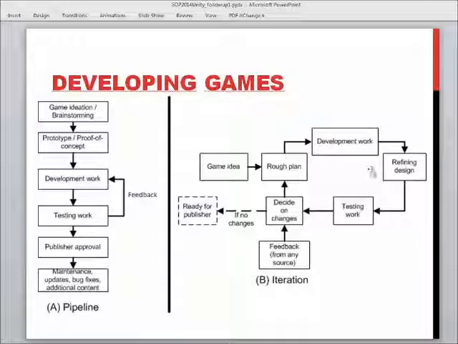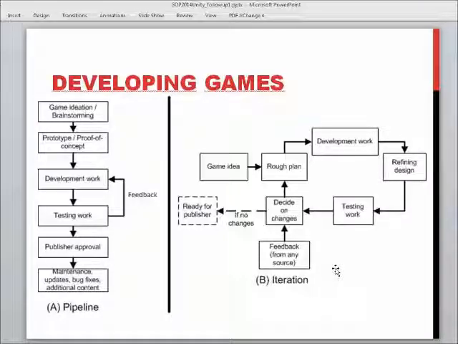So the other model, the iteration here, this larger picture here, depicts the same idea or approach, but with the difference that we don't get rid of the commercial or the economic aspect.